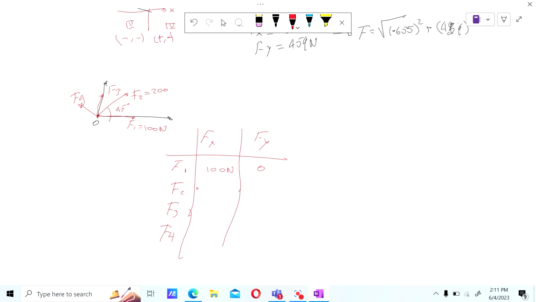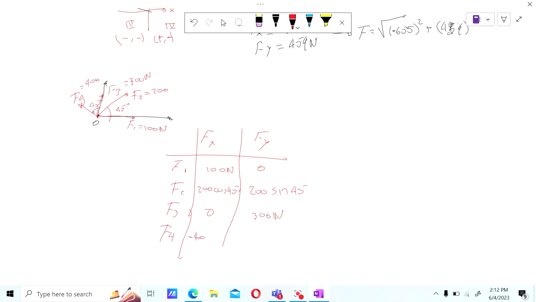So you're going to have 200 cosine of 45, and the same thing here, but with sine: 200 sine of 45. F3 has 0 component in x, and let's say this is 300 newtons. And F4, let's say this is 45, it's going to be negative, and this value was 400.